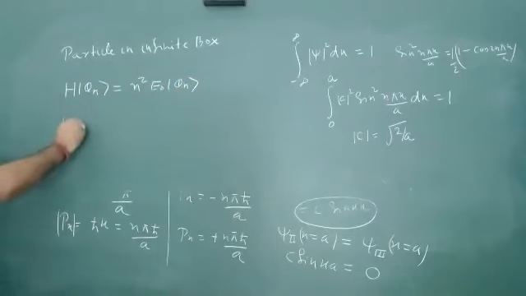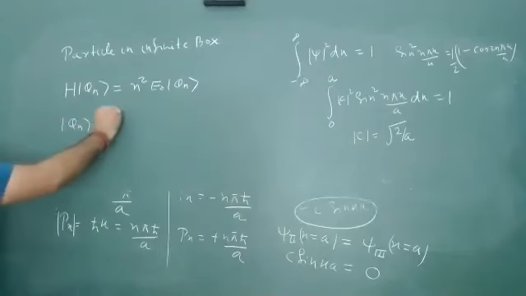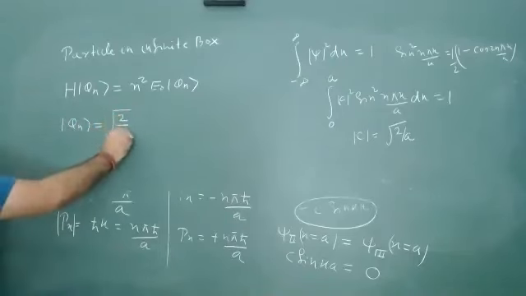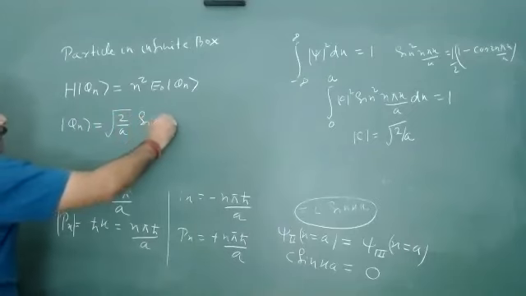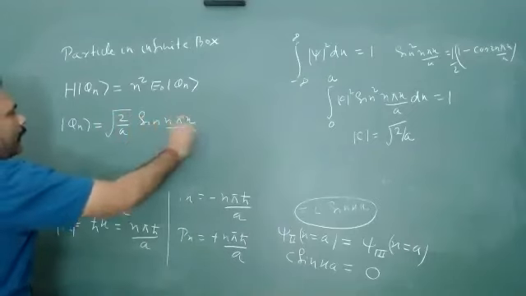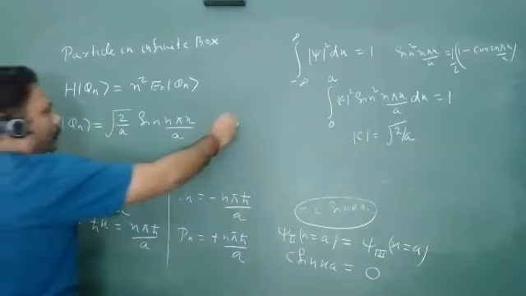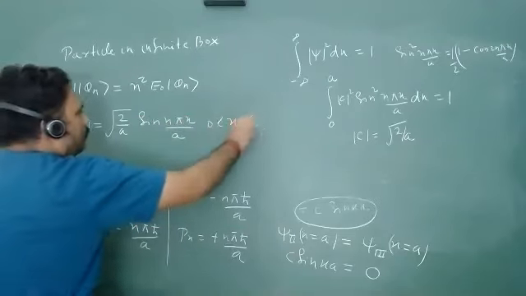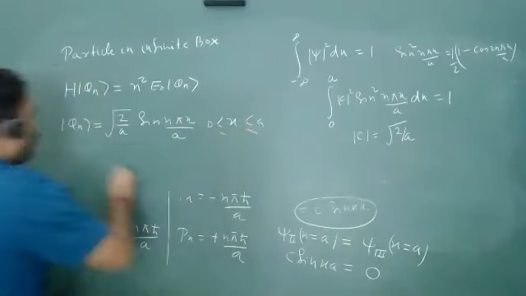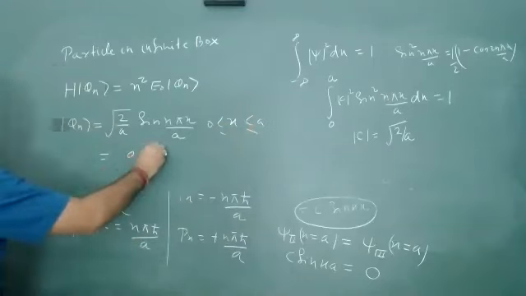What is phi n? Phi n is equal to root under 2 upon a sine nπx upon a for x between 0 and a, and 0 otherwise.